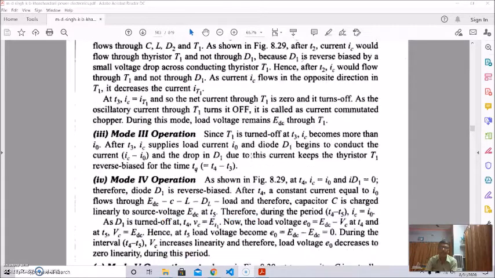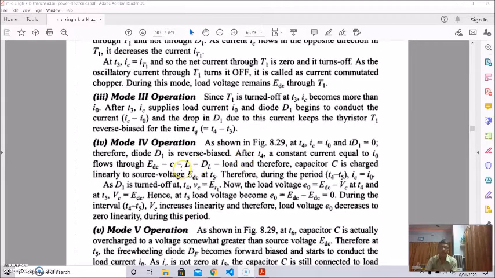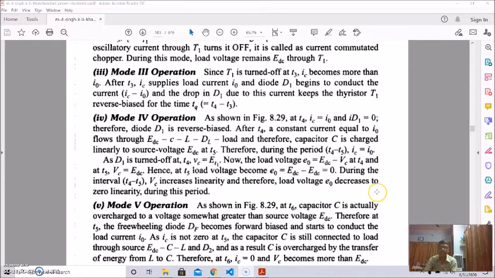Actually, at mode 4, the path is C, L, DL and load, and therefore capacitor C is charged linearly to source voltage EDC at T5. During the period T4 to T5, IC equals I0, and as D1 is turned off at T4, VC equals ET1.